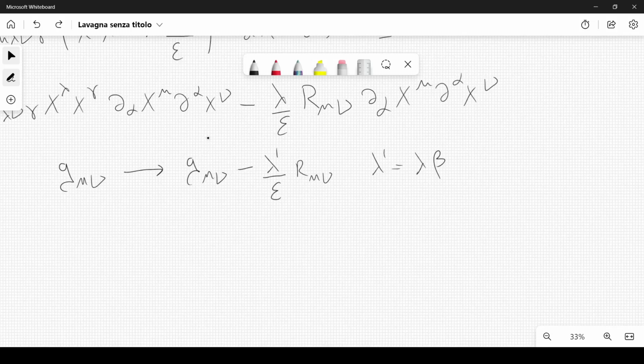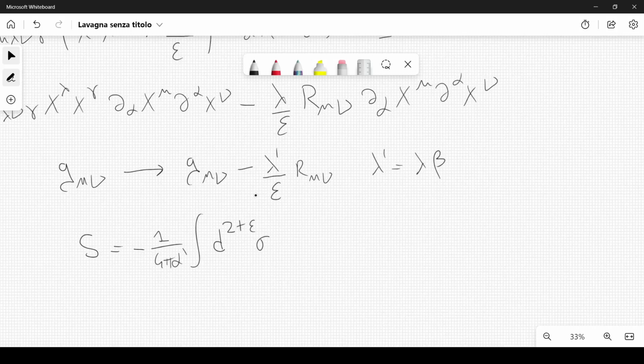Now let's start from the renormalized action, and let's rewrite it. So S equals minus 1 over 4 pi alpha prime integral. Now we want to use dimensional regularization also here. So instead of d squared sigma, we have d 2 plus epsilon sigma.